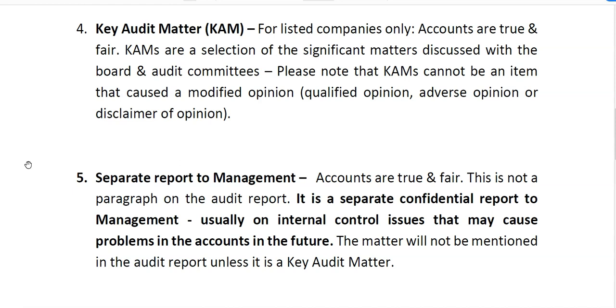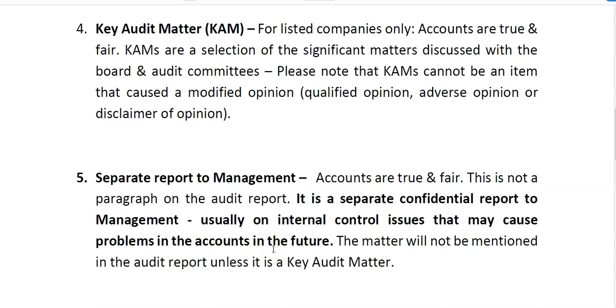In our opinion, the accounts are true and fair. And that's all. No other thing gets put in the audit report, but the auditor sends a separate confidential report to management after the audit, and usually it's on internal control issues that may cause problems to the accounts in the future.